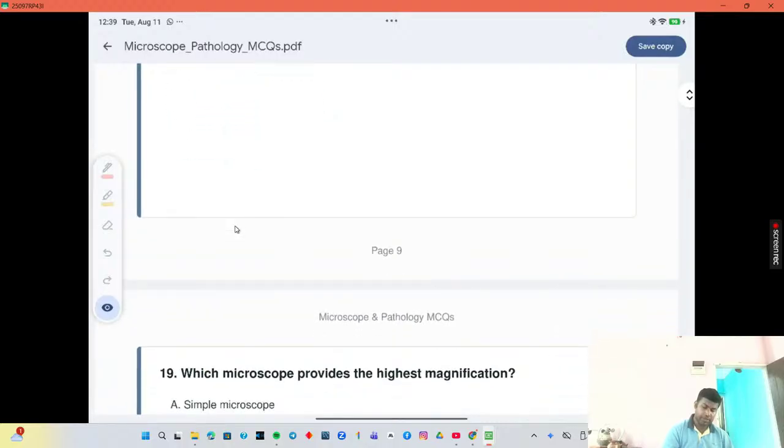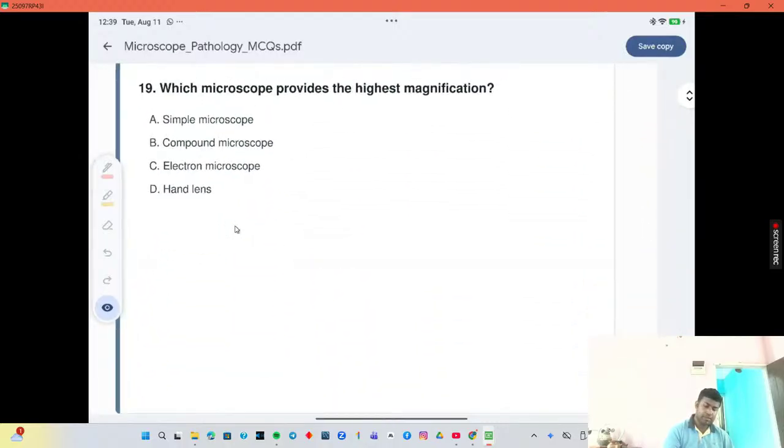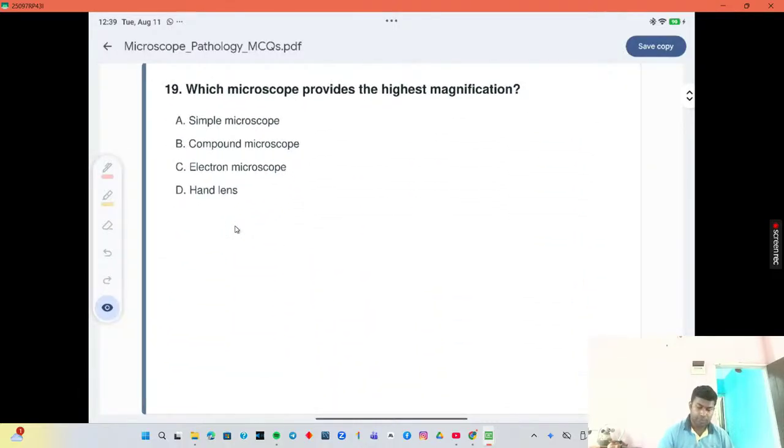Now I will go to the next question. The next question is given as which microscope provides the highest magnification? So can you please answer this question for me? Which microscope provides the highest magnification?